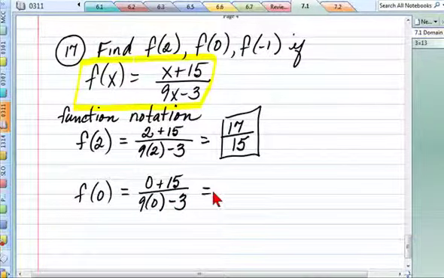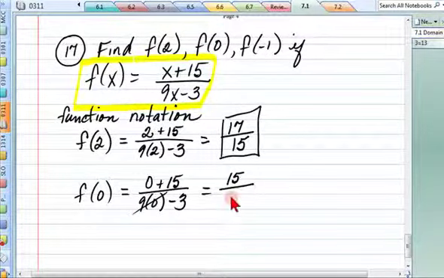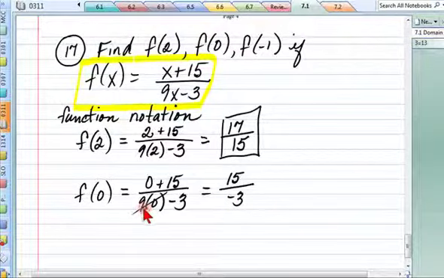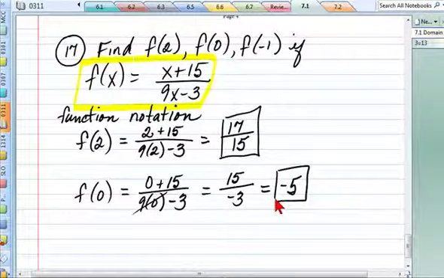Well, the numerator, 0 plus 15 is 15. 9 times 0 is 0. Subtract 3 is negative 3. Because 9 times 0 is 0, so that's gone. And then 0 minus 3 is negative 3. Can you simplify that? Yes, that's negative 5. So sometimes you'll get an integer value.